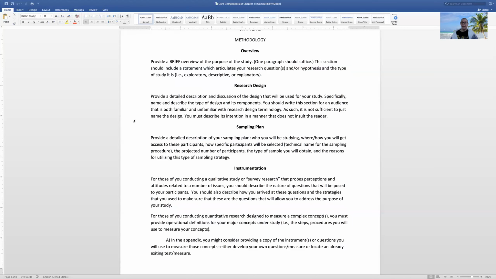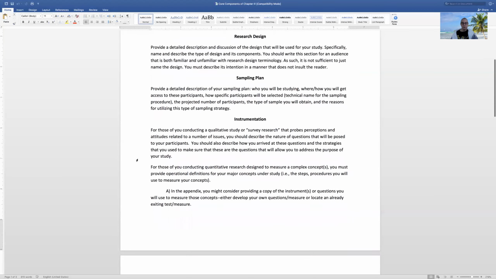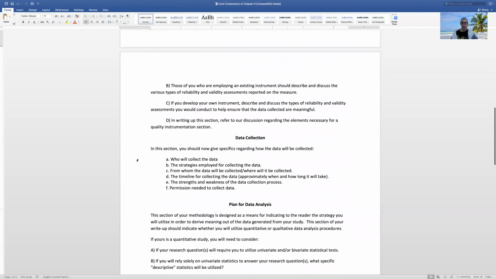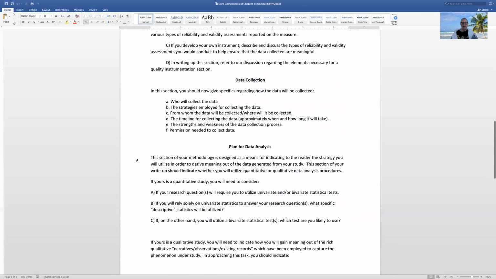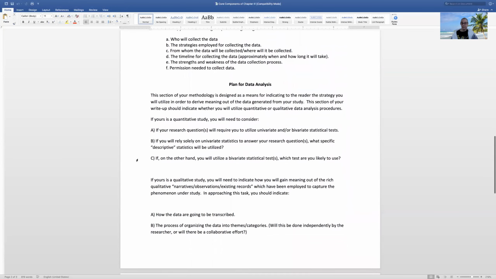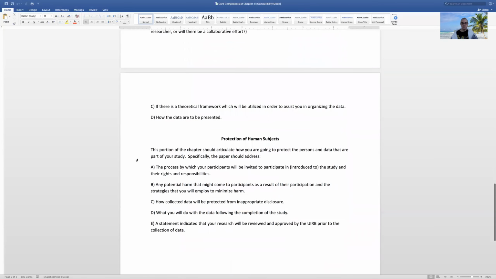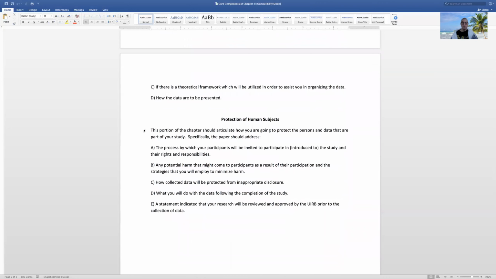Another reason I like this type of question is because you've got this detailed outline for how to write this chapter. So you would look at an overview, you would develop a research design and a sampling plan and an instrumentation plan. And then you talk about, if you did this research, how you would collect the data and how you would plan for the data analysis. So analyzing the data and then dealing with protection of human subjects. So this would be another way to write your research question.